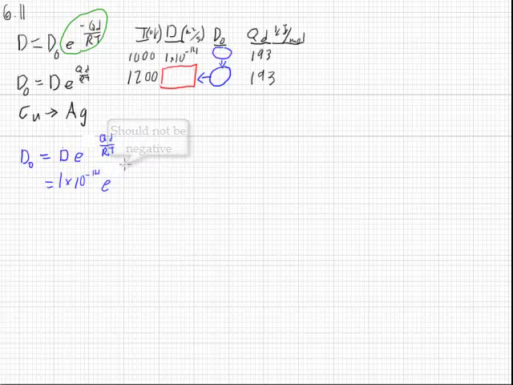Q is 193 kilojoules per mole, all over R, the gas constant, which is 8.314 joules per mole degree Kelvin.